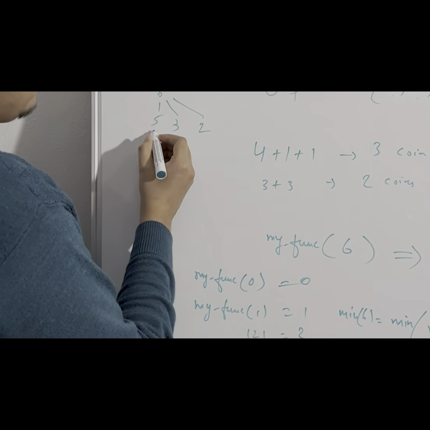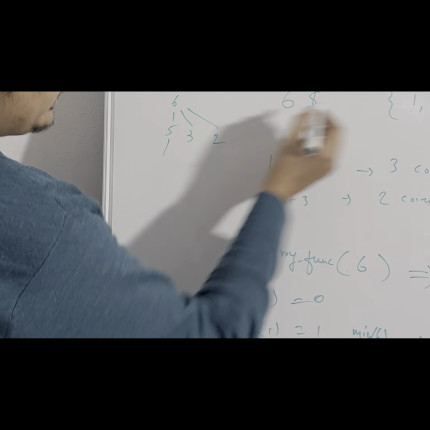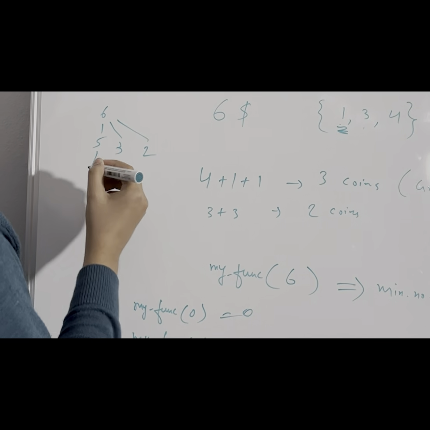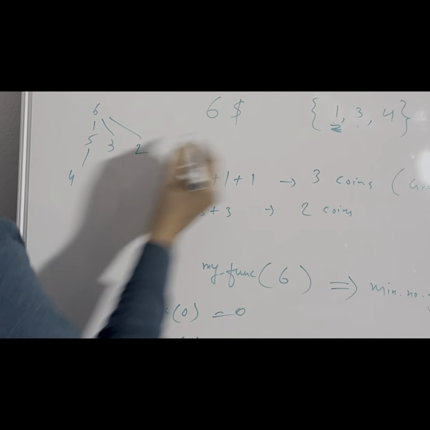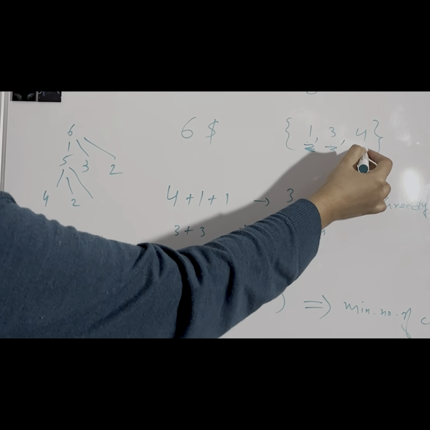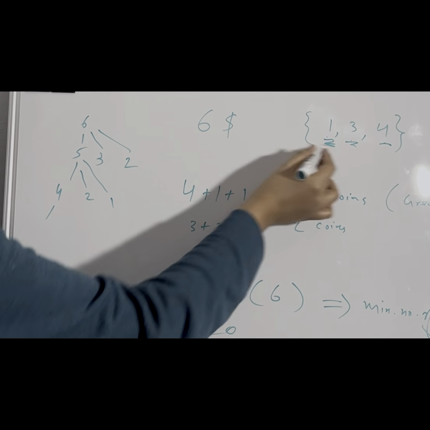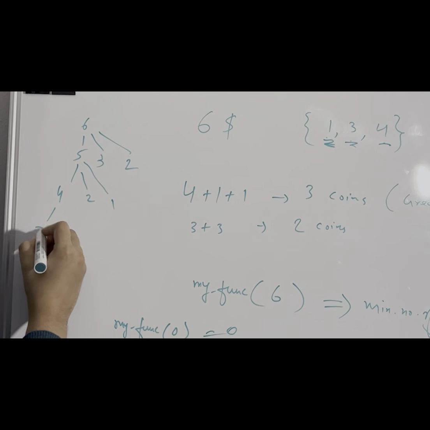In 5, if you use the coin number 1, you will get 4. If you use 3, then you will get 2, and if you use 4, you will get 1. Again for 4, you can use either 1, 3 or 4. If you use 1, you will have 3.